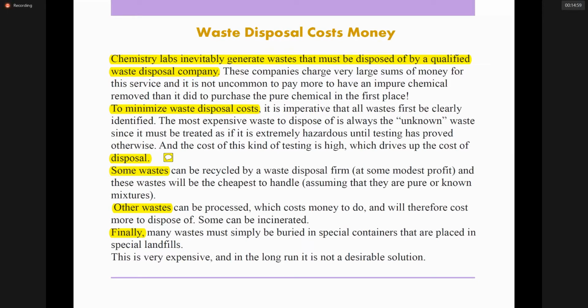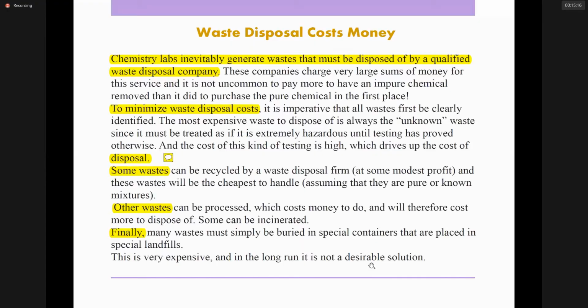Also, many wastes must simply be buried in special containers that are placed in special landfills. This waste procedure is very expensive, and in the long run, it is not a desirable solution.